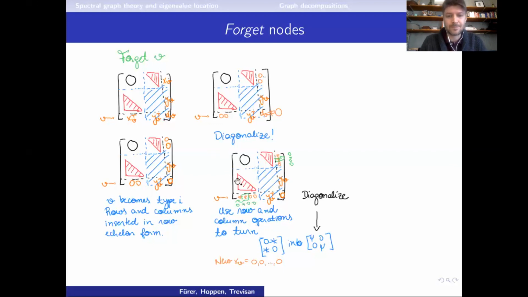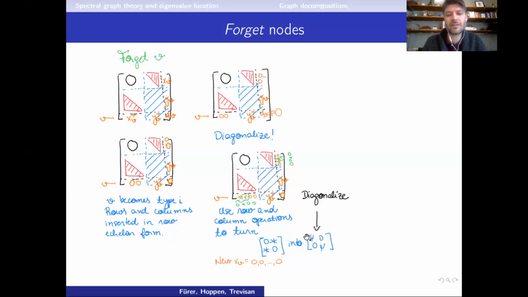Then what I do is as follows. If it's non-zero here, I can just diagonalize. But if I have 0 here, and then now I will only have a single non-zero position here, single non-zero position here, but it will be 0 here. So I have a submatrix like this. What I can do is use a trick where we use 2 row and 2 column operations to get from a submatrix like this to a submatrix like this without changing the structure.